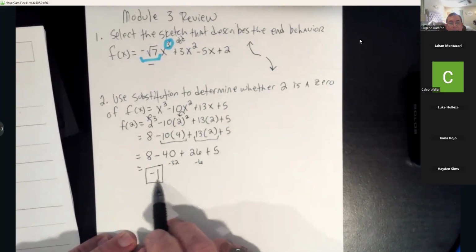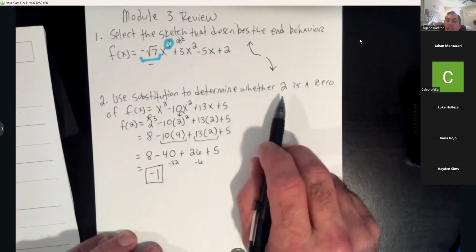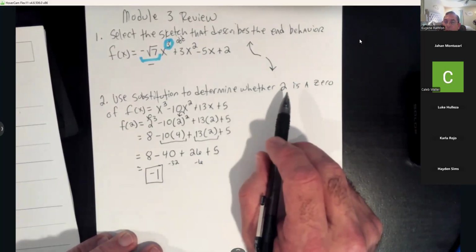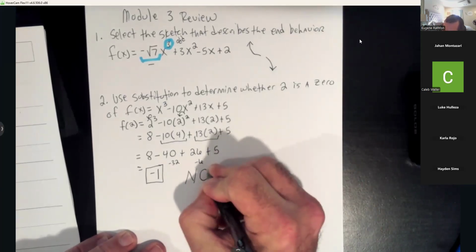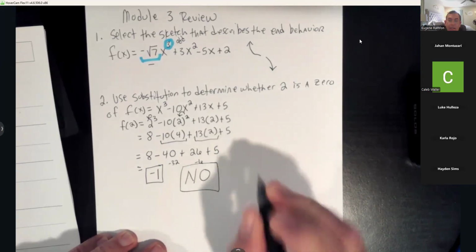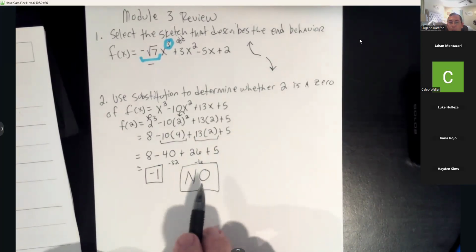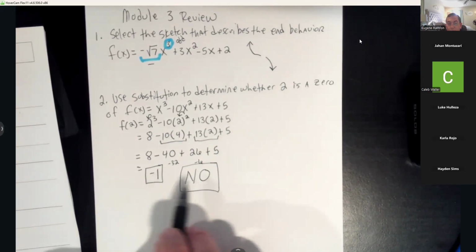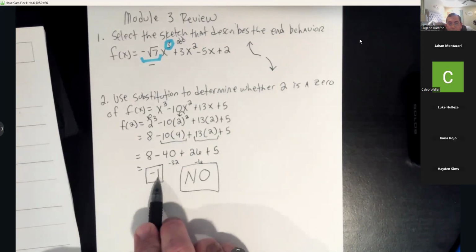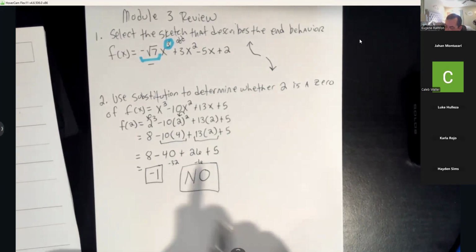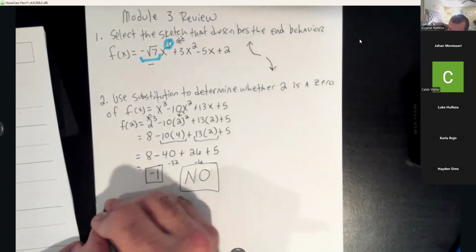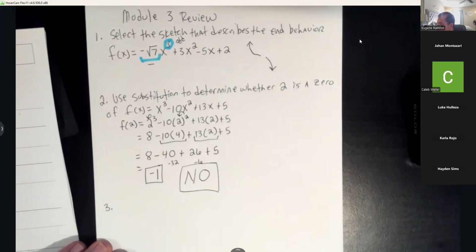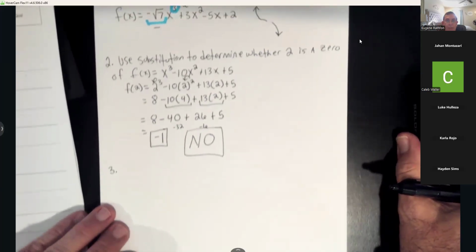So y'all, since I got a -1 on this, that means that this is no, not a 0. So MATLAB will have a yes or no, and you just pick which one it is, okay? If you get 0, you're going to put yes. Any other number like I got, you're going to put no. All right, also going to move this down a little bit.